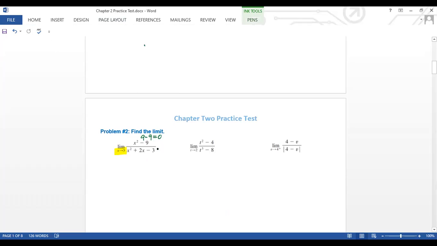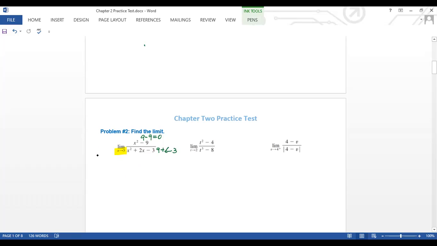Then the bottom here, this is 9 plus 6 minus 3, right?